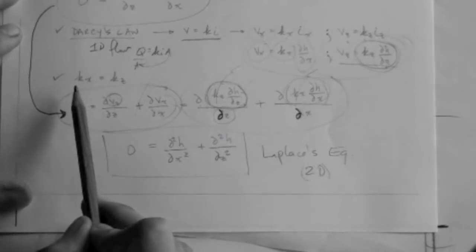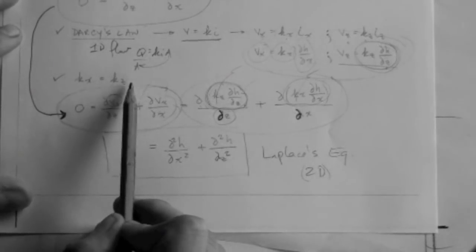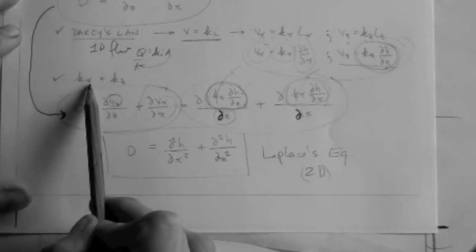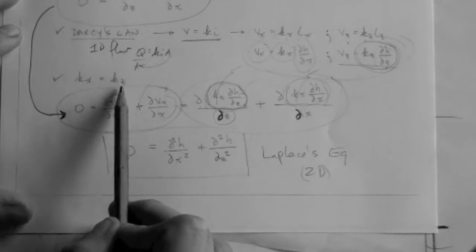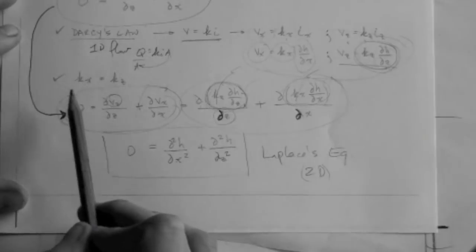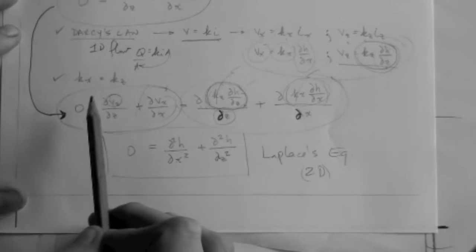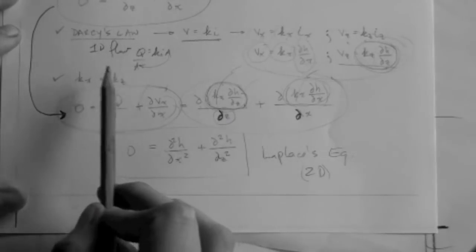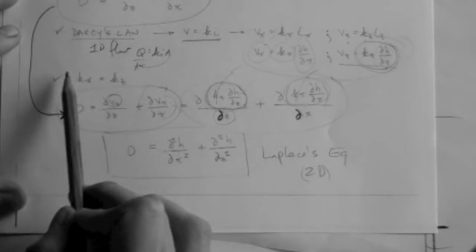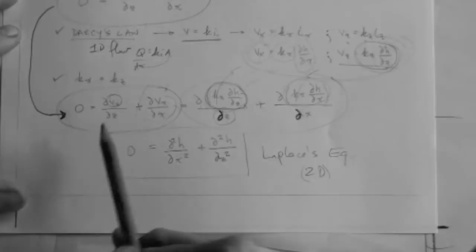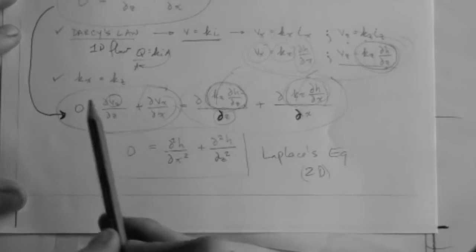If we assume that the K's are the same, that is, the hydraulic conductivity in the x direction is the same as in the z direction, which is an appropriate assumption for most soils. Sometimes clay soils do not feature this equality, okay? But we can assume for now that they do.